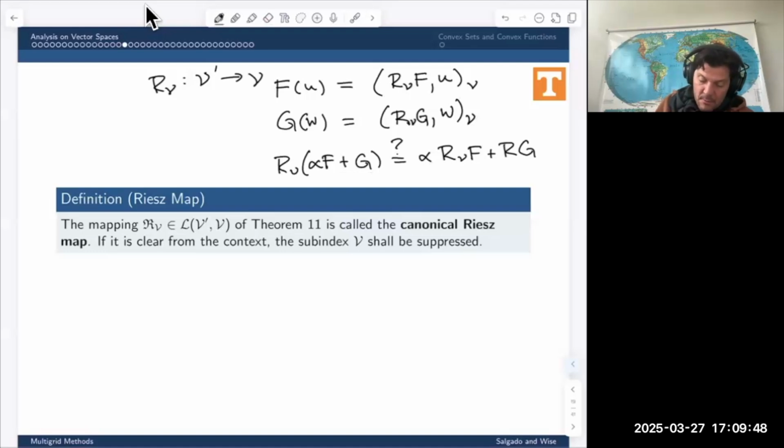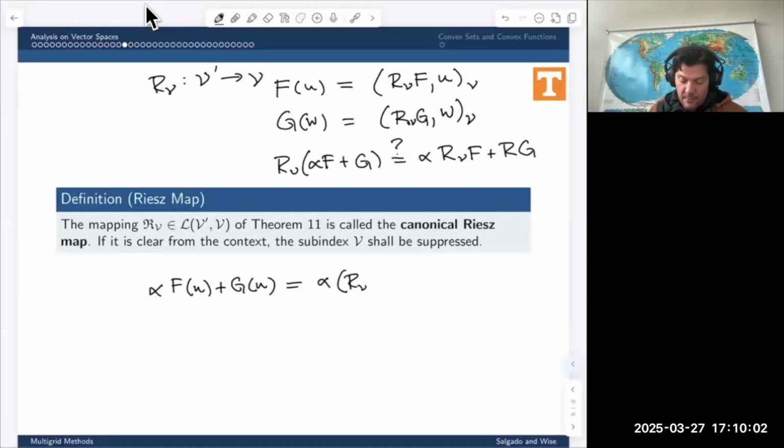Well, this is actually almost a tautology, right? If I take this for every u, what do I know happens? Well, I know that this one's going to be alpha R_v f u, and this one's going to be R_v g u, right?